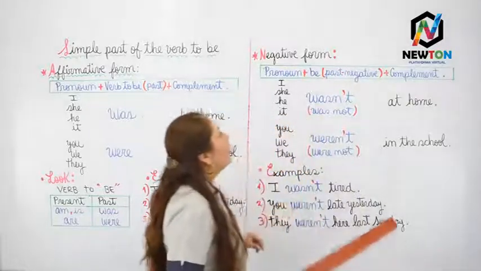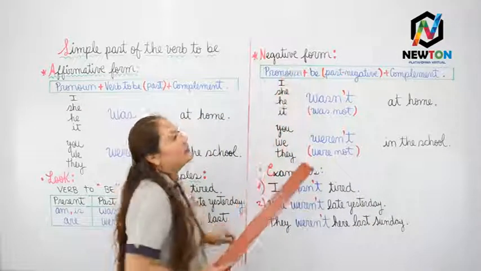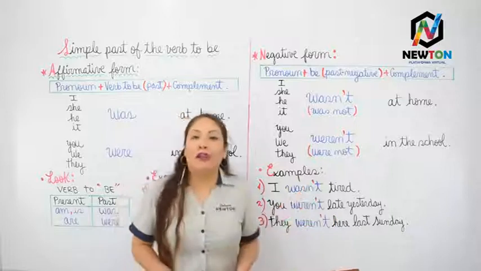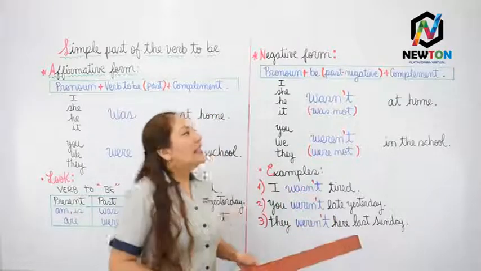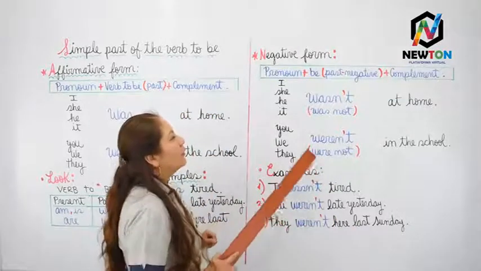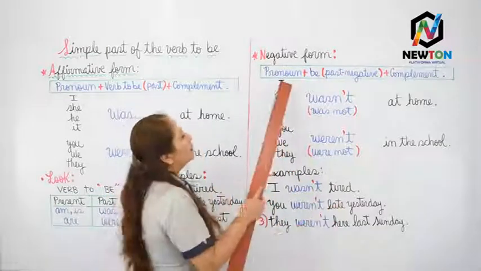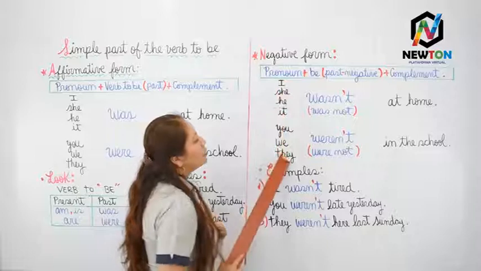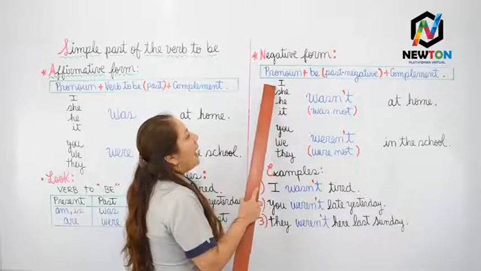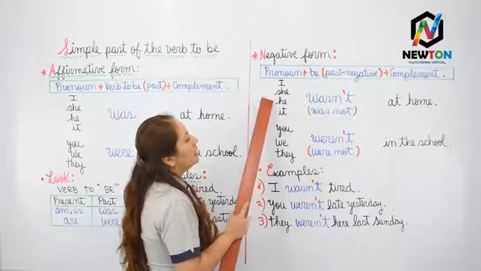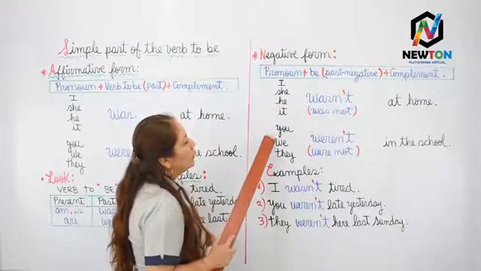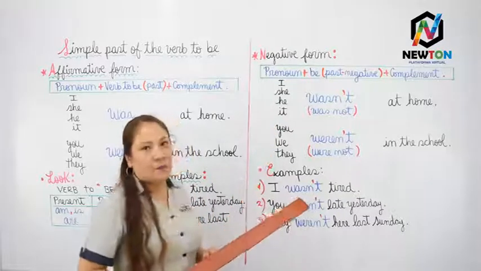Okay? Now, we continue with a negative form. Continuamos con la forma negativa. In the negative form, en la forma negativa, also, también, you have your pronouns. Tienes tus pronombres. I, she, he, it, you, we, and they.